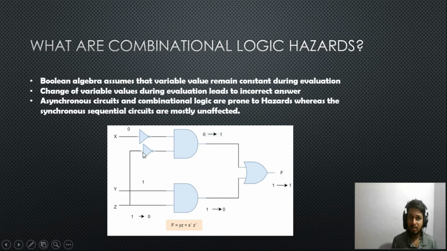So the input of this is actually still 0, because the previous Z input was 1, which was inverted and given as 0. So both the inputs were 0 and the output momentarily switches to 0.